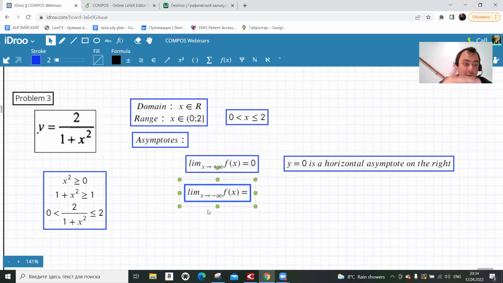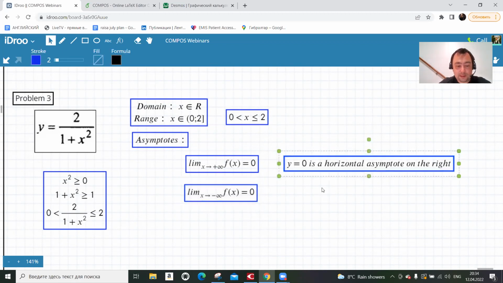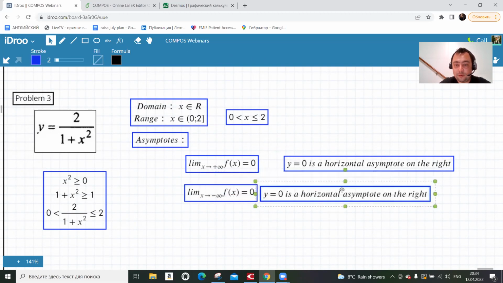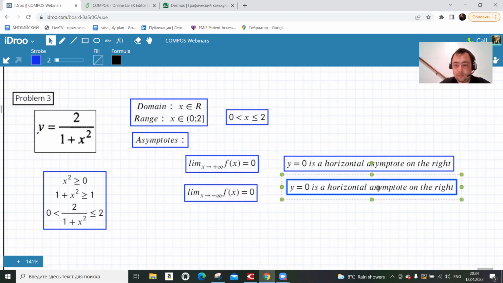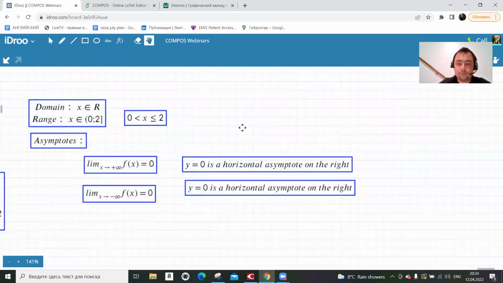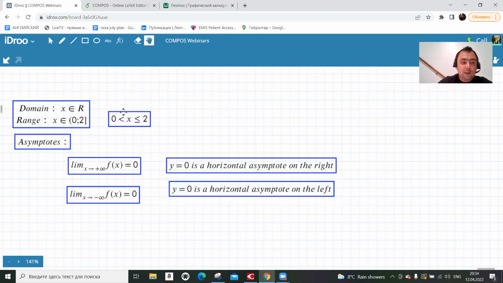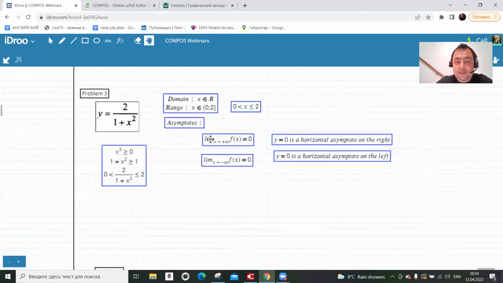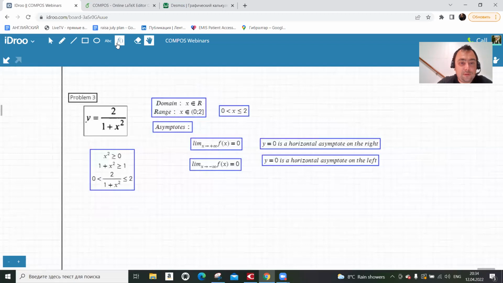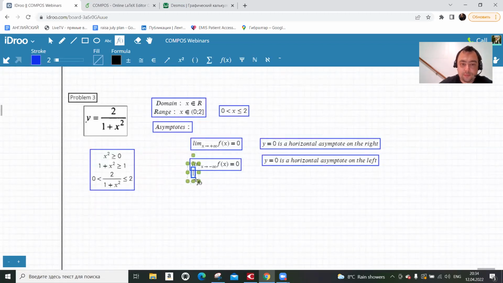So it's 2 divided by 1 plus a very negative number squared, which is also 0. So you can say same on the left. Now there are no discontinuities, so there are no vertical asymptotes.